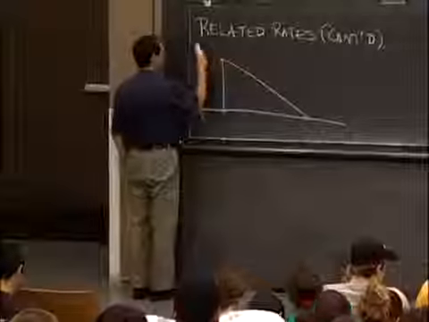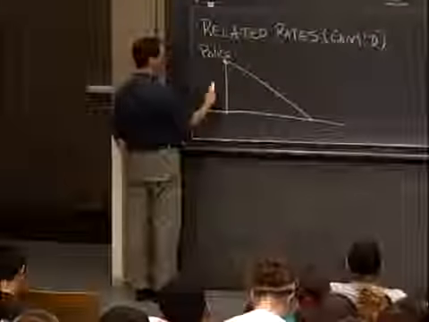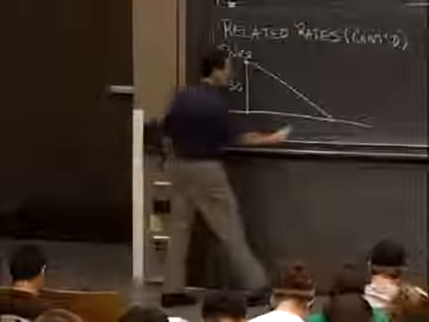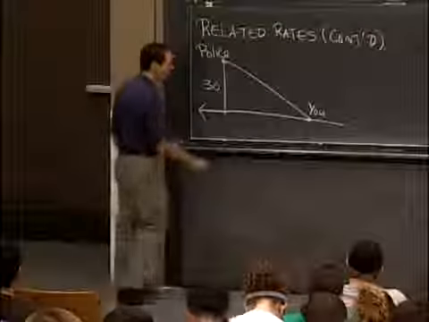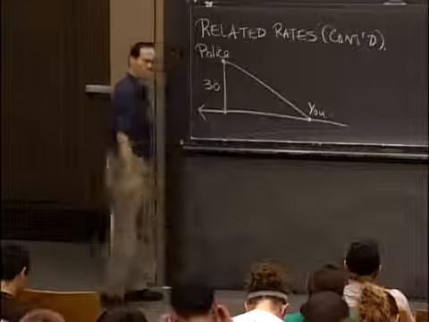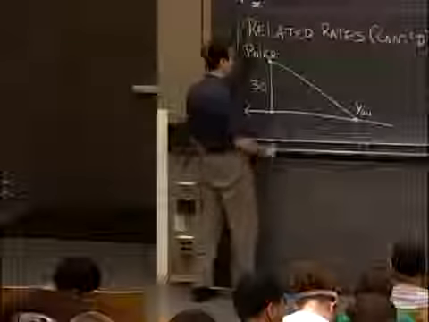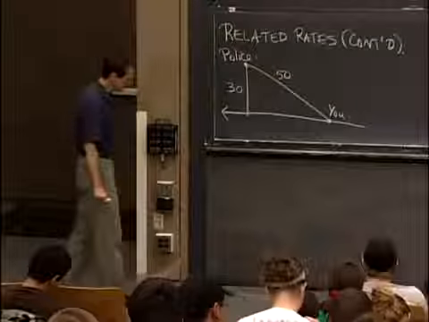And the police were up here, monitoring the situation, 30 feet from the road. And you're here, heading this way. Maybe it's a two-lane highway, but anyway, it's only going this direction. And this distance was 50 feet.